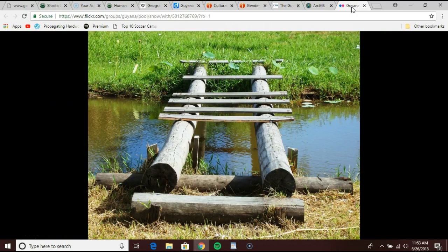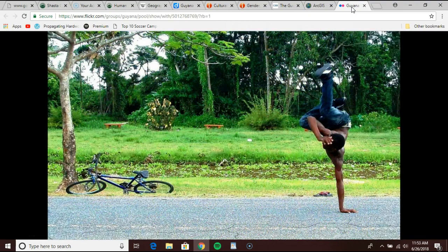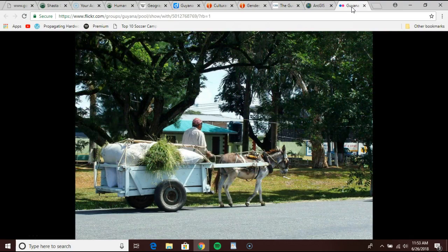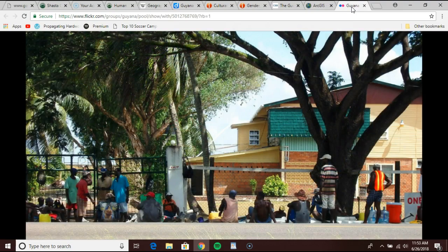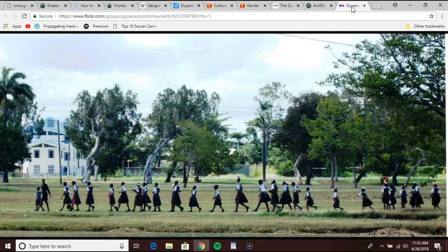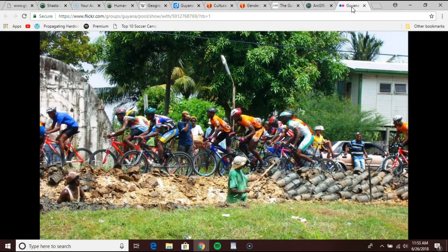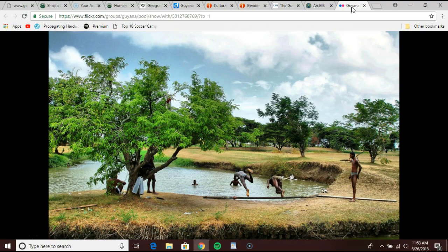So a lot of interesting things to digest here. I'll just close with a couple of general statements about ethnicity, culture, and human geography in Guyana. Guyana has seen a significant emigration of its population, so people leaving Guyana, moving out of the country.